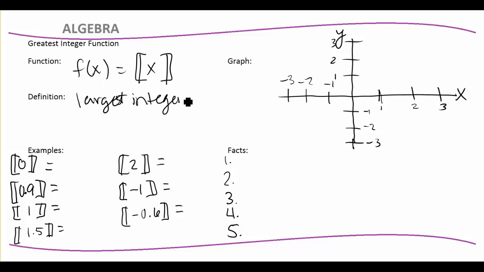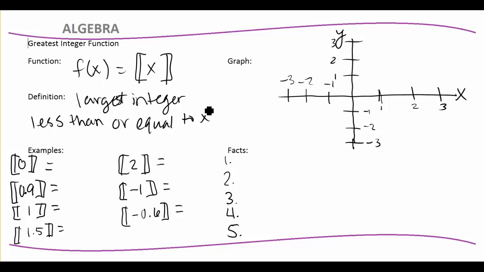In other words, the greatest integer function rounds a real number down to the nearest integer. So we're going to work a few examples.